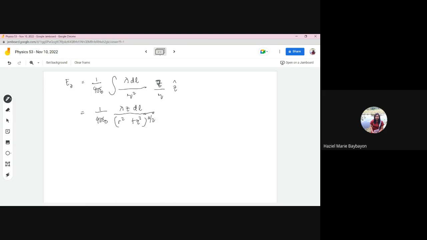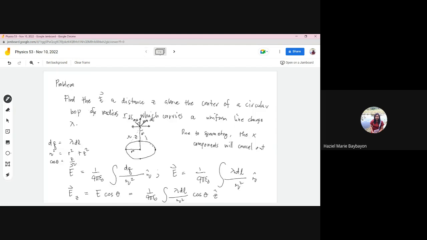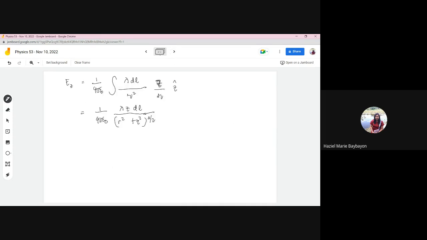Since your r is equal to the square root of r squared plus z squared, right? So r cubed is equal to r squared plus z squared raised to the power of 3 halves. I forgot this one, z hat.